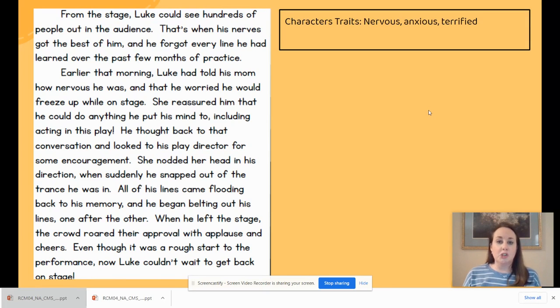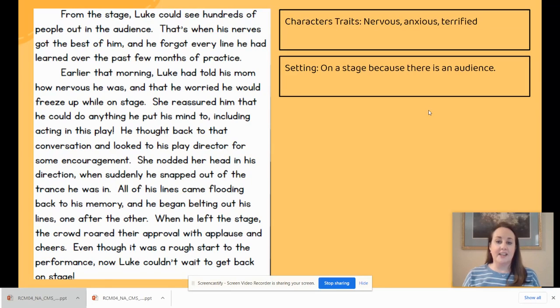So those character traits that I would use are nervous, anxious, terrified, because we can see that he is having some trouble with being nervous, and he's afraid that he's going to freeze up on stage. So we see clues in the story about what is happening to our character.